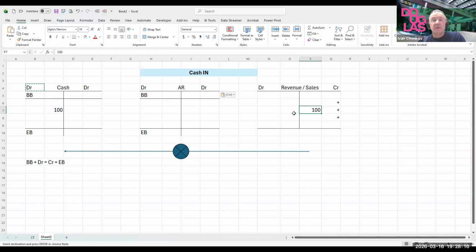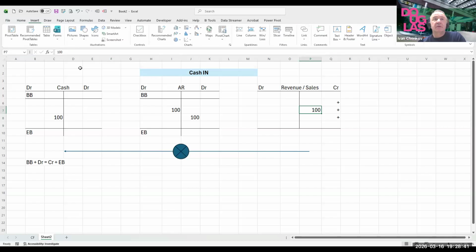So first we're going to generate the sales, which is going to increase my accounts receivable. And then I'm going to decrease my accounts receivable, let's put it down here, and I'm going to collect my cash. So my sales doesn't become cash right away. I need to go through the accounts receivable.